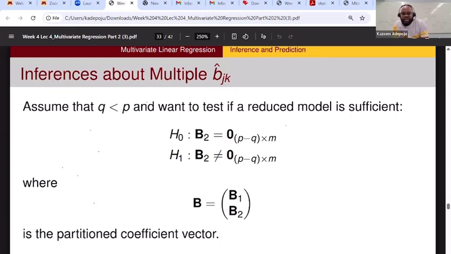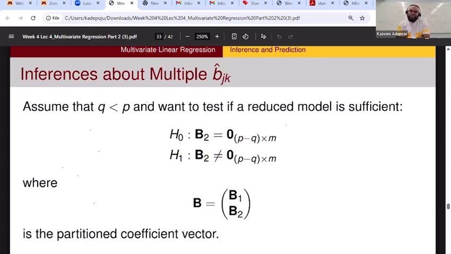Okay, so just like the same thing that we have in multiple linear regression with one response variable, where we compared a reduced model with a complicated model, the one I call the full model, with the reduced model, the model with fewer explanatory variables and the other one with more.